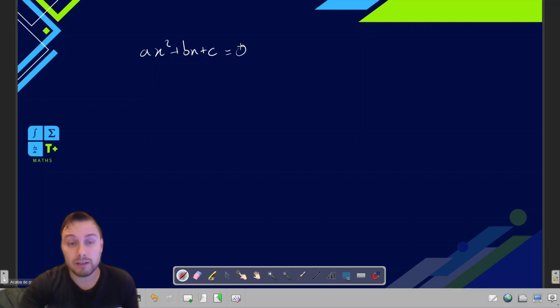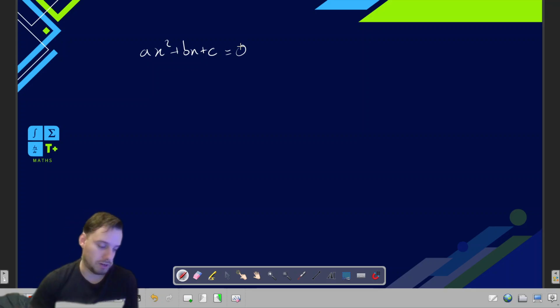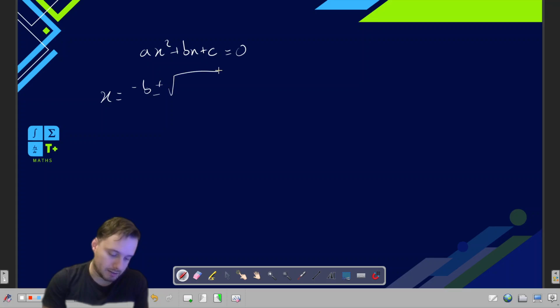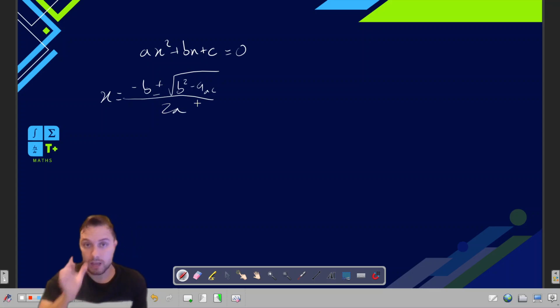Completing the square will eventually tell us that we have no real solutions if you end up with a negative root. Now with the general formula: x is equal to negative b plus or minus the square root of b squared minus 4ac, everything divided over 2a.